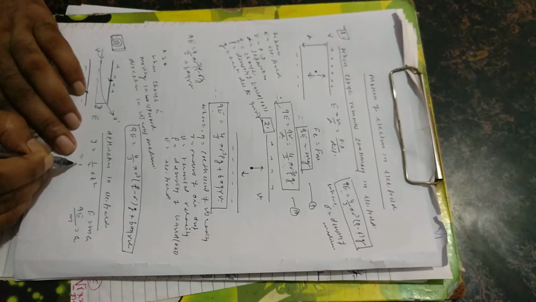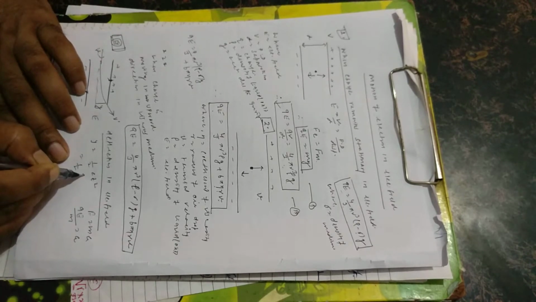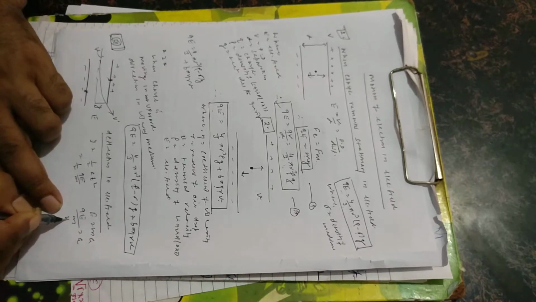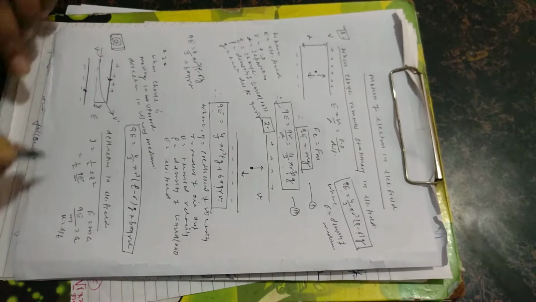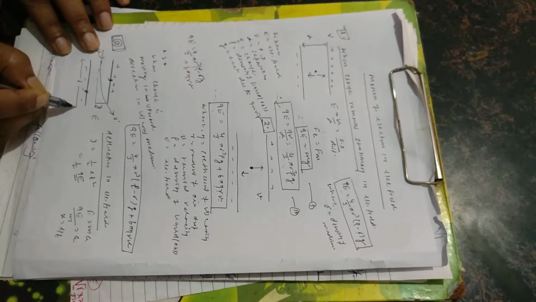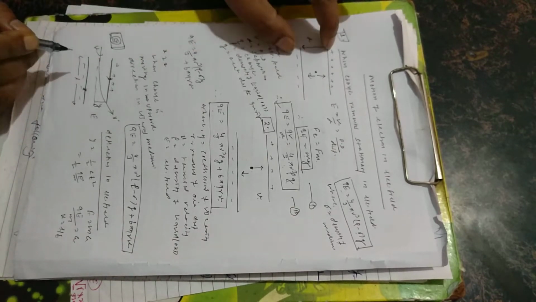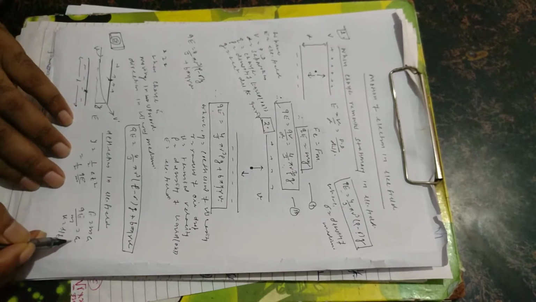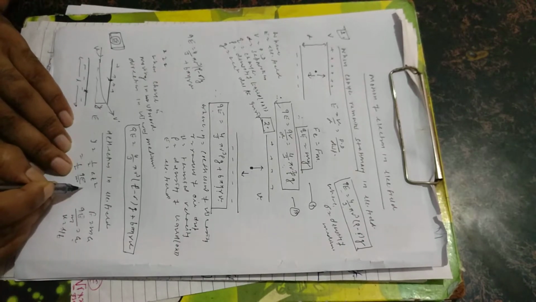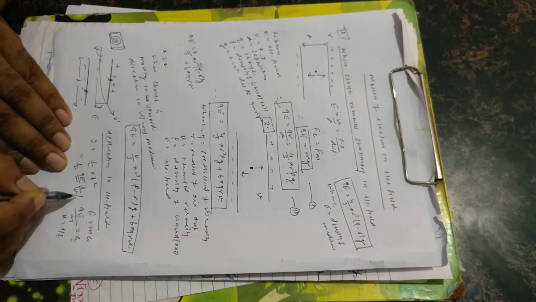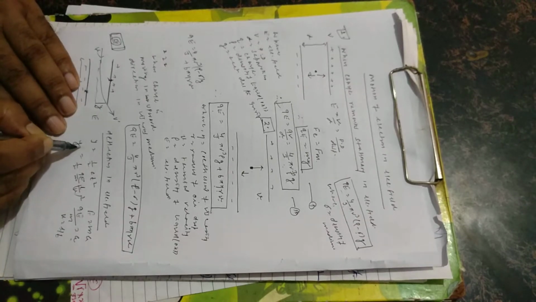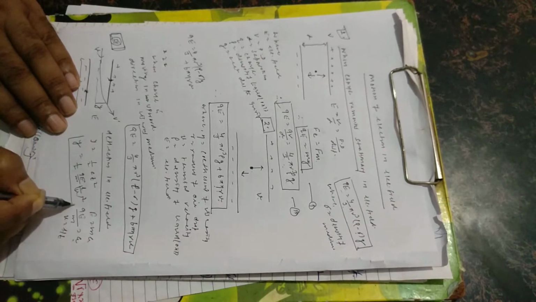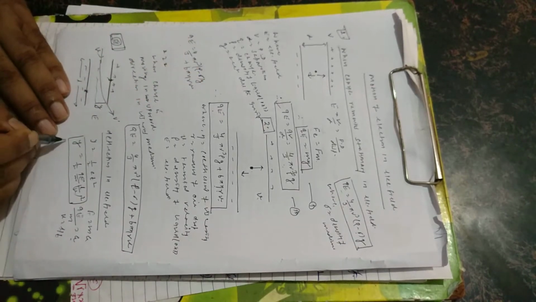So half qE by m, and velocity is equal to distance by time, where L equal to length of the plate and d is the separation between the plates. So half qE by m and t is equal to L by v, squared. So this is the deflection produced by the charge in electric field.